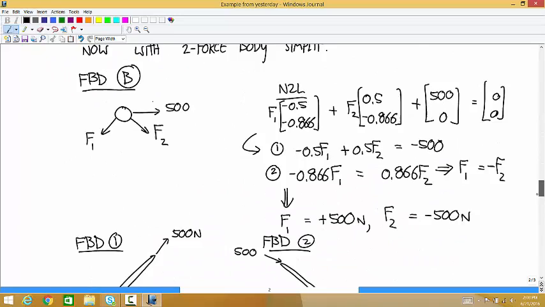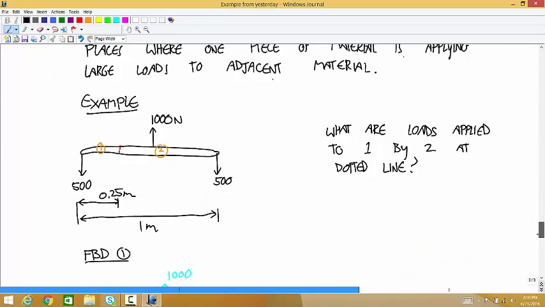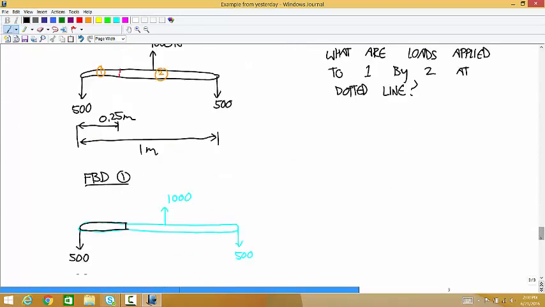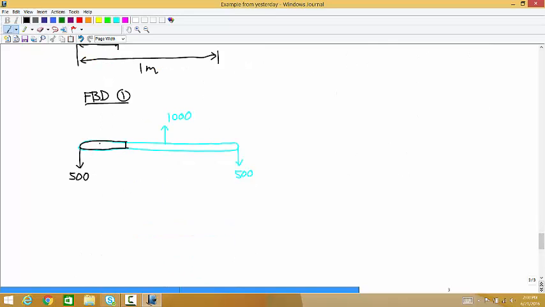And so the loads applied to our isolated piece are just what you would expect with a fixed joint. So we have a force vector, I'll call that R, and we have a couple, MR. And those represent the internal loads. Those are the loads applied to our chosen part by the part that we left out.